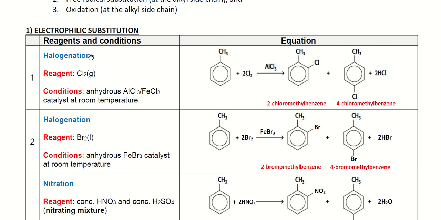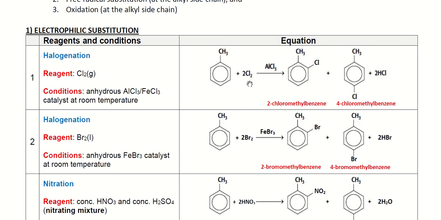Now halogenation: the reagent will be chlorine, and the condition is the same as benzene. You have the catalyst AlCl3, and it just needs room temperature. If you do realize here, I only use one methylbenzene and react it with 2 chlorine.